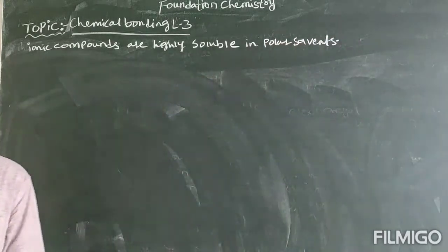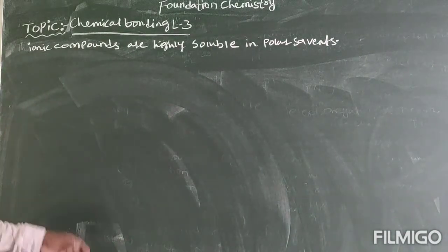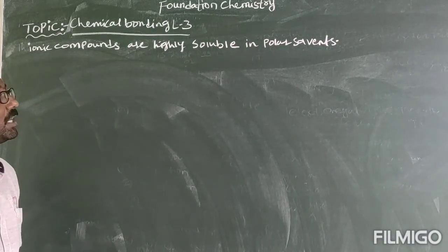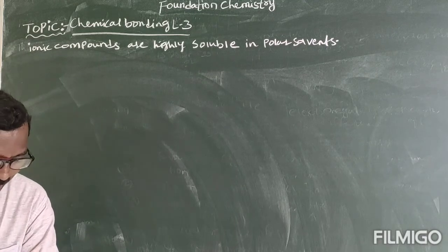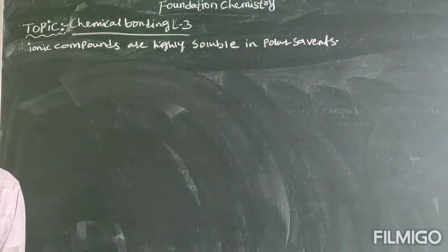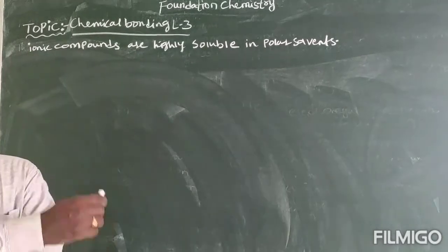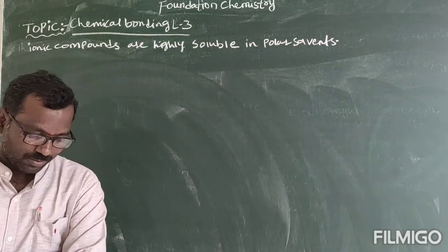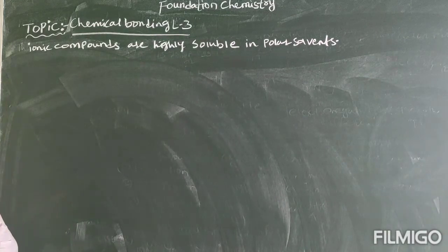Regarding solubility, we will have a clear discussion again, as the solubility factor has many aspects. So ionic compounds are highly soluble in polar solvents, that is the major thing. They are highly soluble in polar solvents because they have high dielectric constant values. That is the major reason.